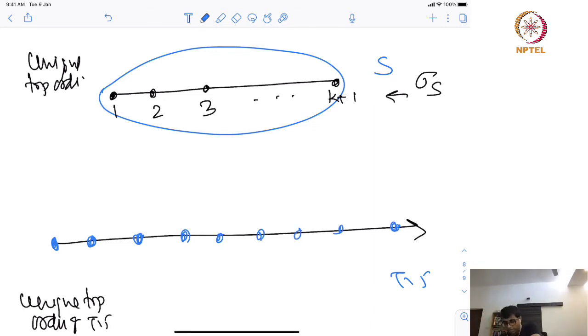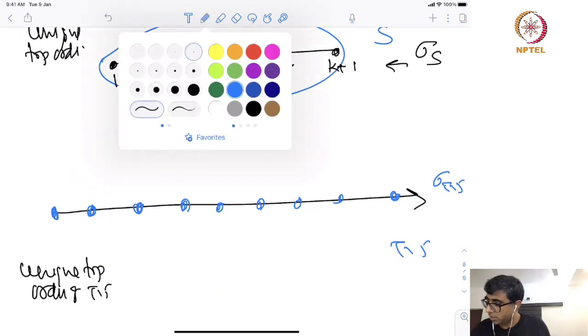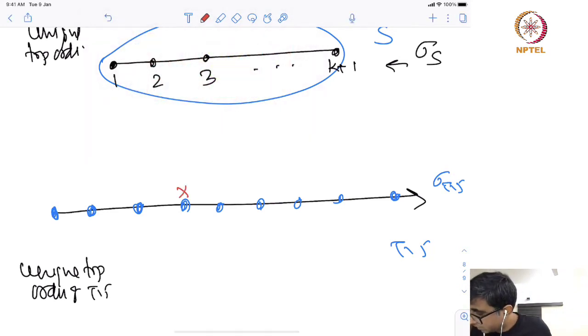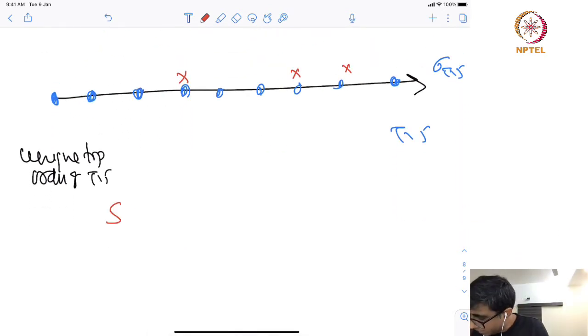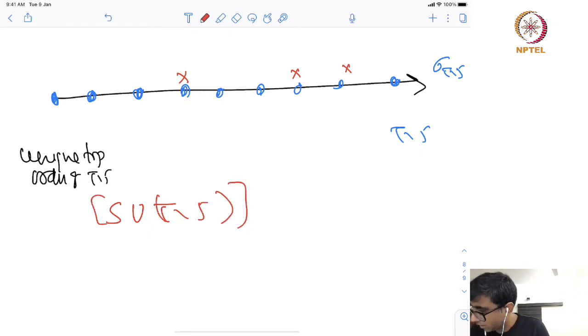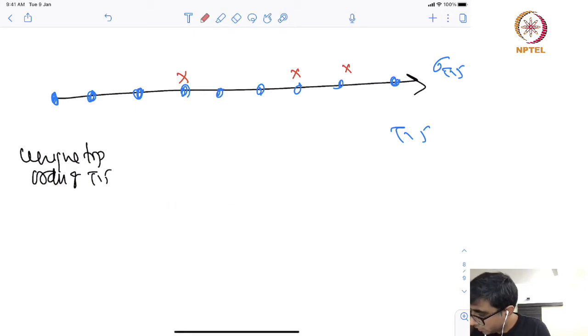Let us call this ordering sigma T minus S, and try to understand these two orderings. Notice that our goal is to take some vertices away such that T minus F is a DAG.